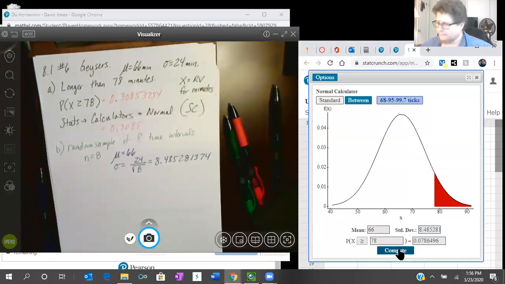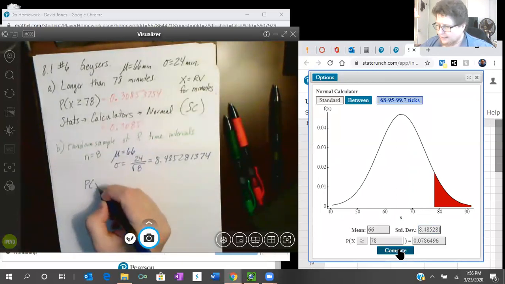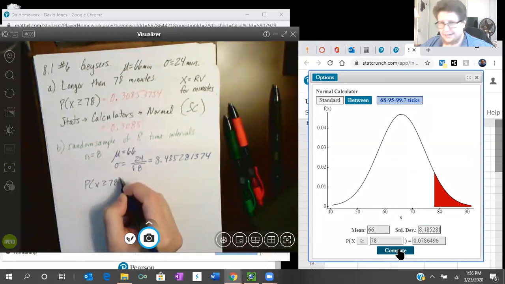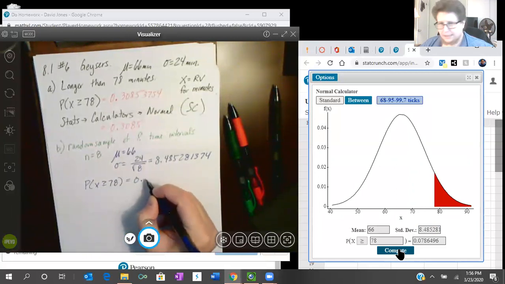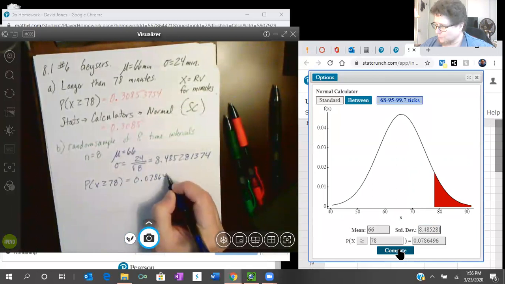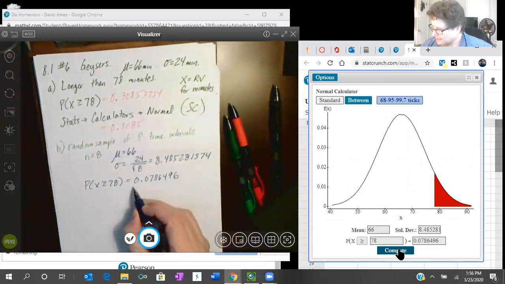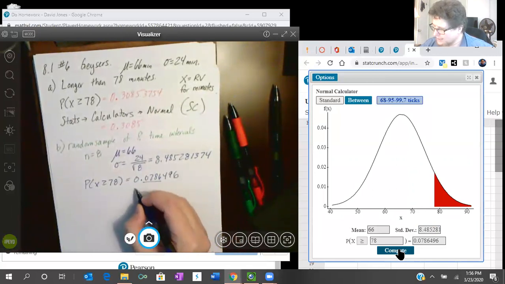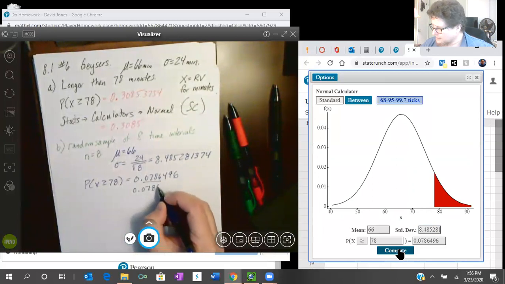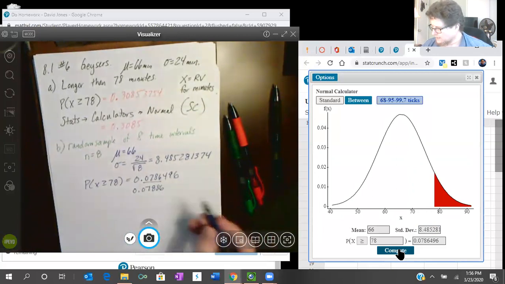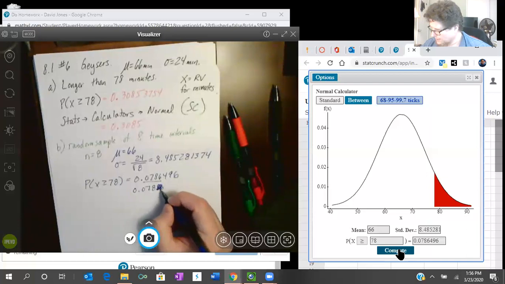We'll click compute, and now it's giving me the probability that x is greater than or equal to 78 is 0.0786496, to 4 decimal places, 0.0786.